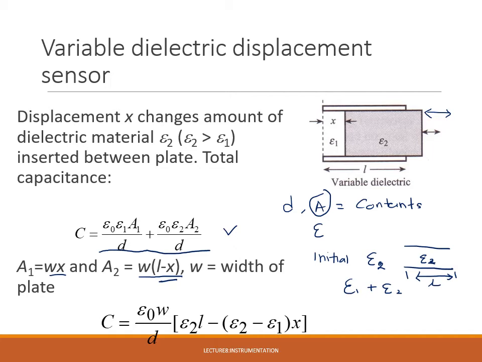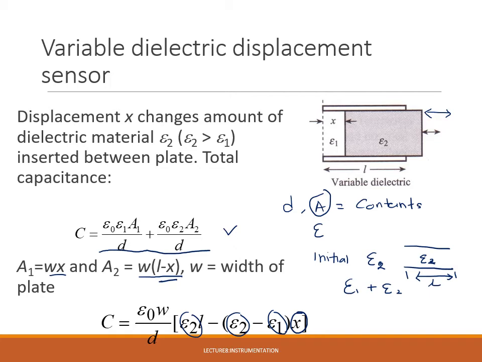And again we can see that the changing variable here is the displacement, x. It will affect the values of epsilon 2 and epsilon 1, but the values themselves are the same.